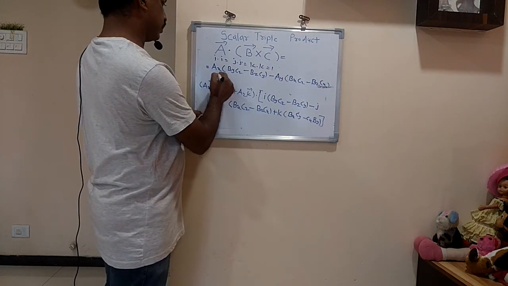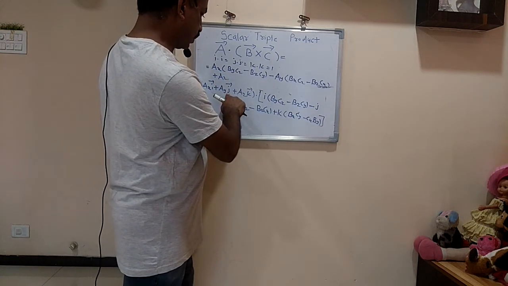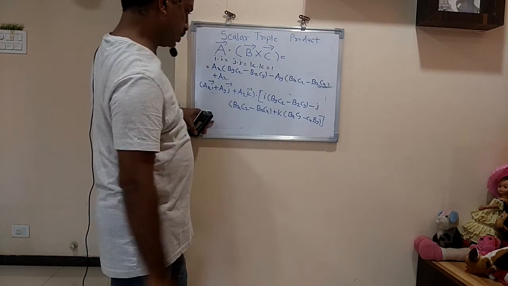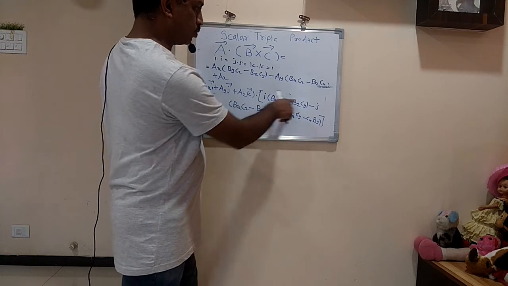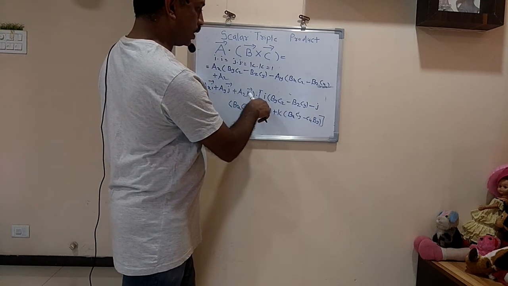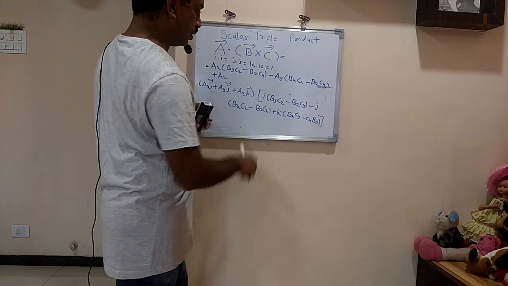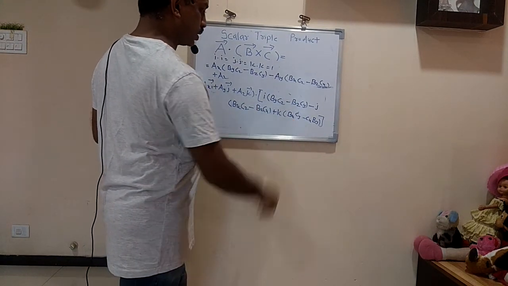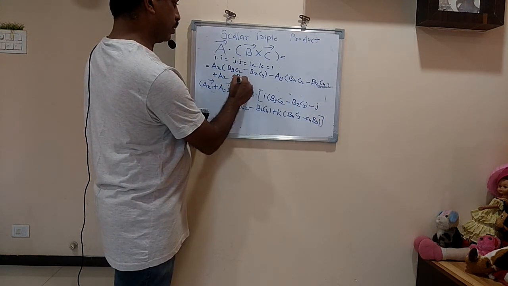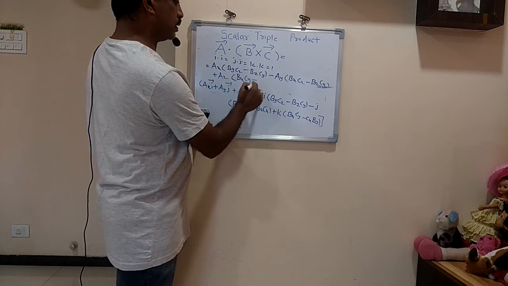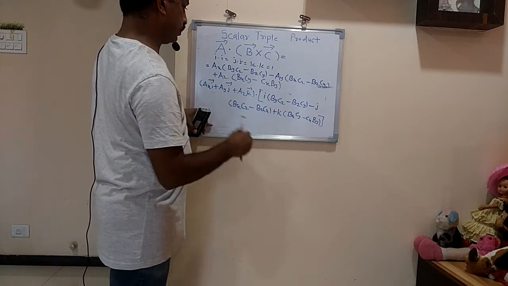Again, j dot k is 0, so we don't consider it. Now we multiply az k with the bracket: k dot i is 0, k dot j is 0, so we neglect them. Now k dot k is 1, so we write az times (bx cy minus cx by).